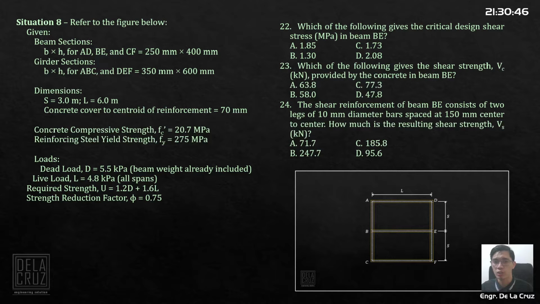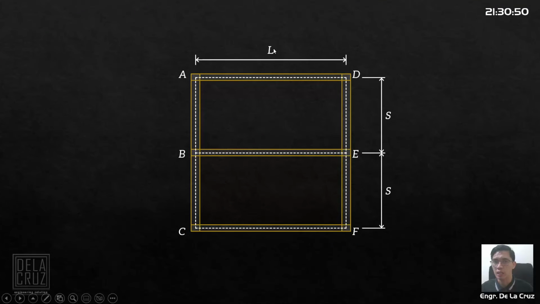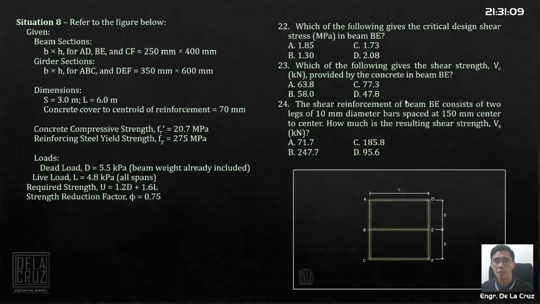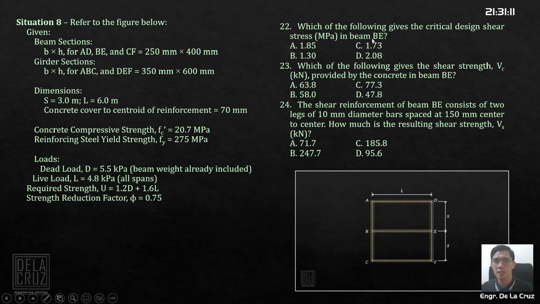Okay, so let's first put in the values. L is 6 and S is 3 meters. Let's just put in the values. Then the beams AD, BE, CF are 250 by 400. As you can see in the problem, what we will focus on is actually beam BE.